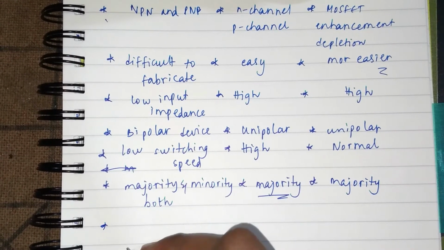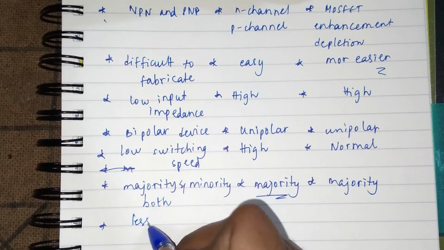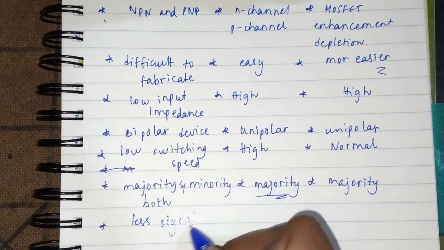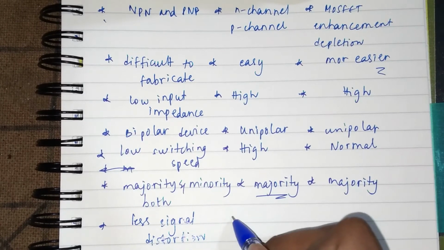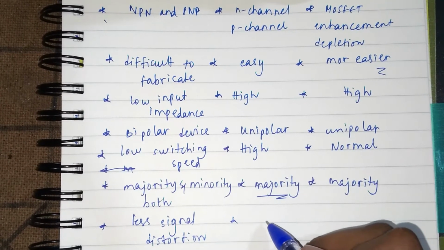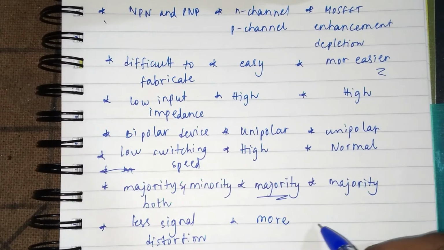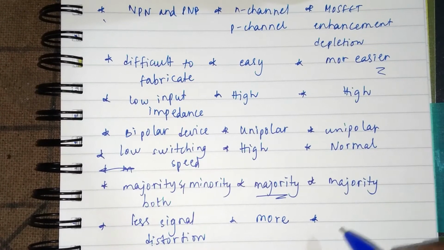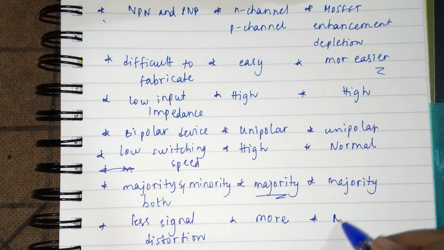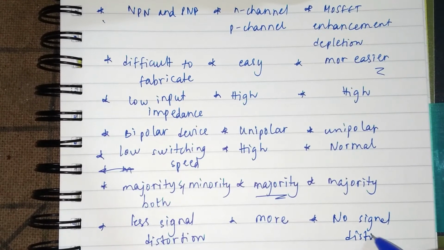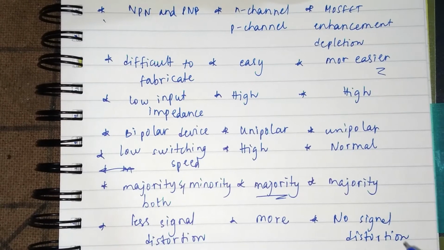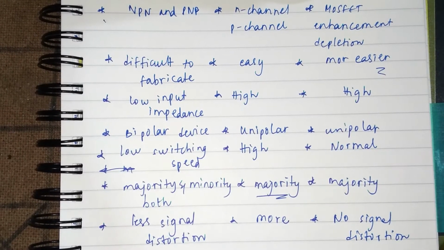The BJTs produce less signal distortion, whereas JFETs produce more signal distortion, and the MOSFETs have no signal distortion. That is, the signal distortion is almost zero in the case of MOSFETs.